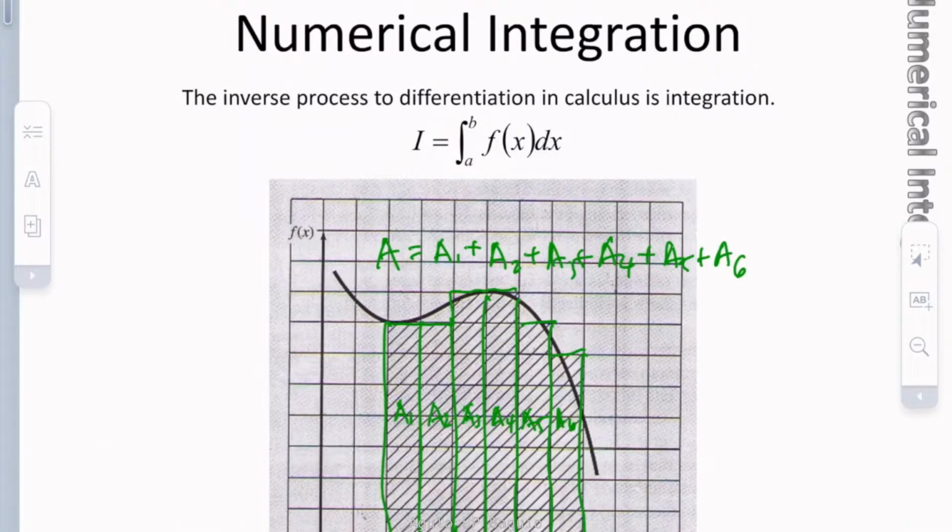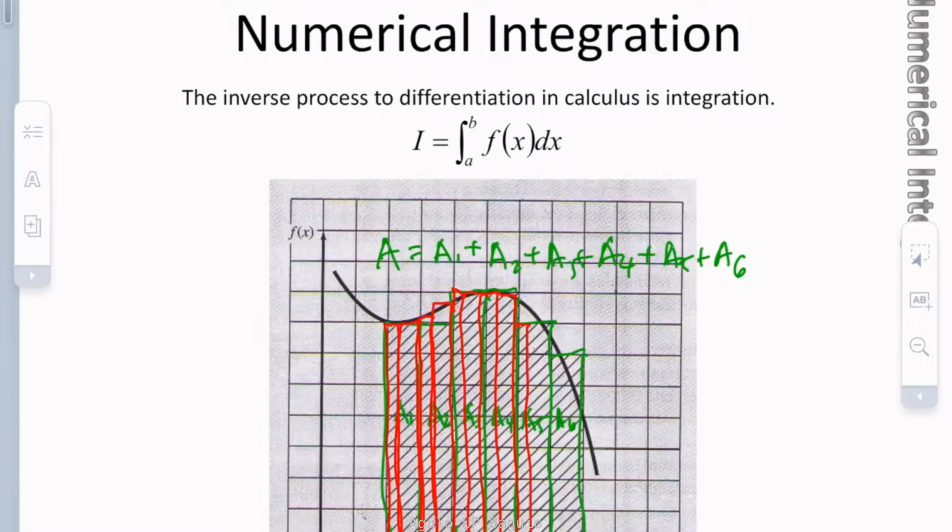You can imagine that if we decrease the width of each rectangle, or the size of the intervals, the number of rectangles increases, but it approximates the function much better.